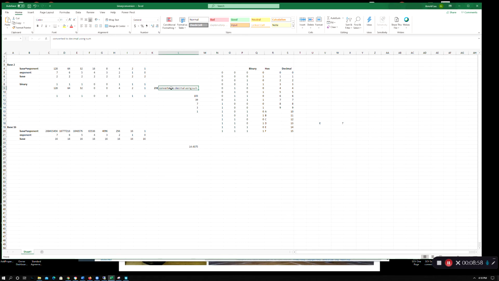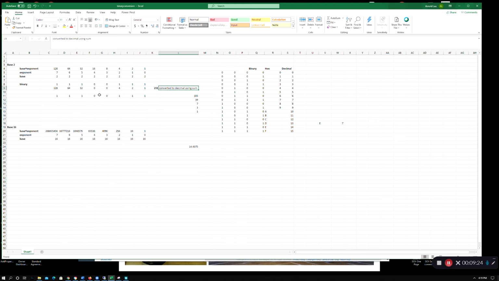And you can see I made a comment here: convert it to decimal using its sum. So if you're going to do something like this and want to show this as work, you want to be able to talk your way through it. You could describe it in a paragraph or whatever, just so that people know you didn't just copy and paste the formula to calculate this.